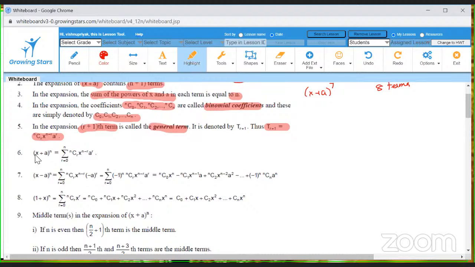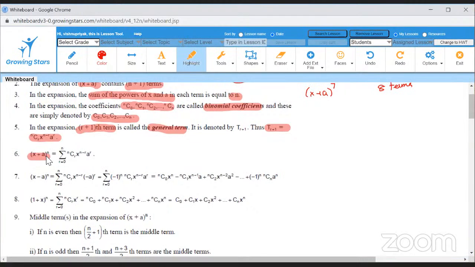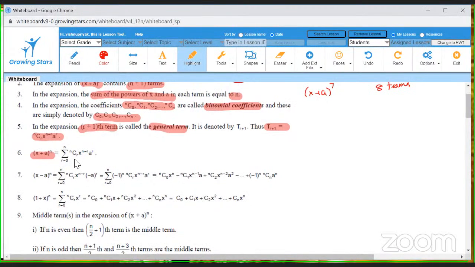So in short, for the expansion (x plus a) whole power n, you write the general term NCr x power n minus r, a power r, and start putting the values of r from 0 to n. You will get all the terms.